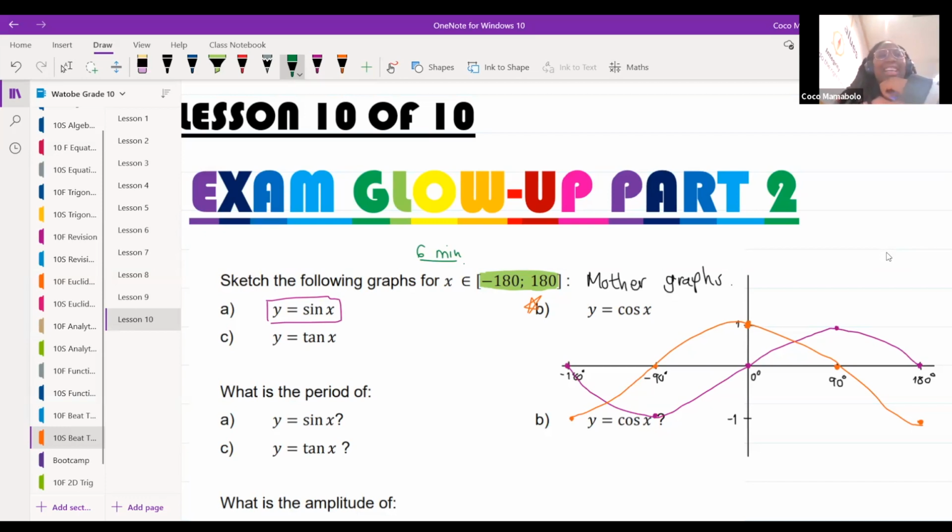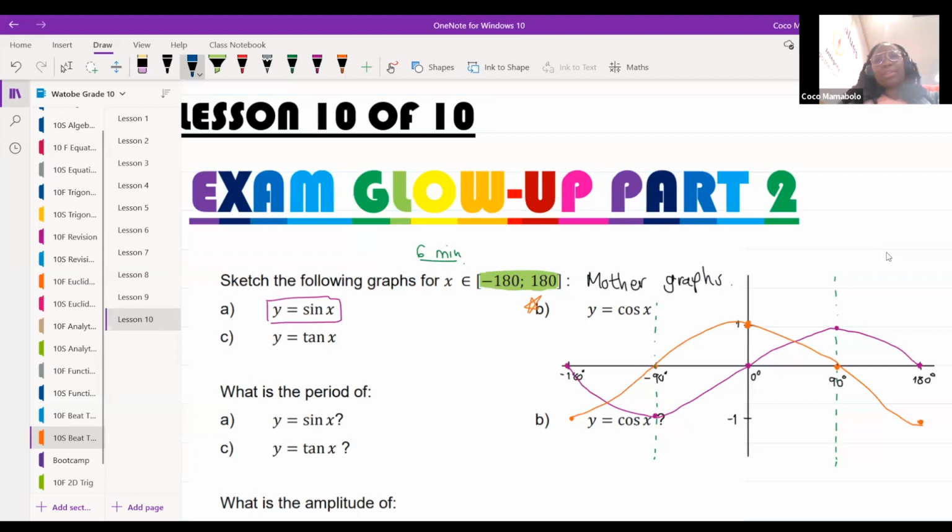Yes, good, Atihan, amazing. It has, well, not horizontal asymptotes in this case, it has vertical asymptotes, the ones that go up and down. So it's going to have a vertical asymptote at 90 degrees, and we're also going to have another vertical asymptote at negative 90 degrees. Both of these are problematic. We're not going to get anything over there, right?